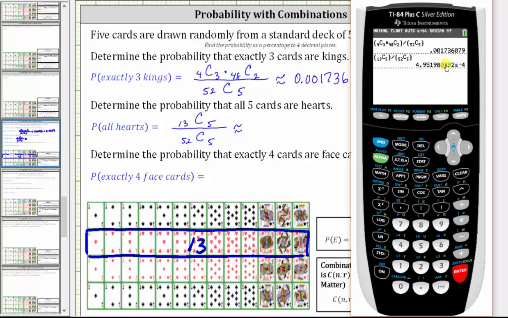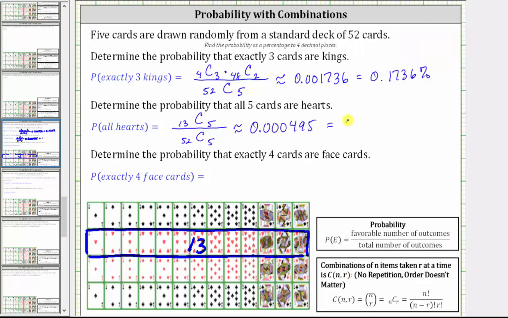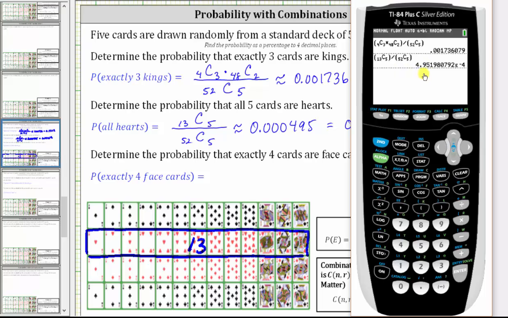To convert to a decimal, we would move the decimal point 4 places to the left, which should give us 0.000495 to 6 decimal places, which is equal to 0.0495%.